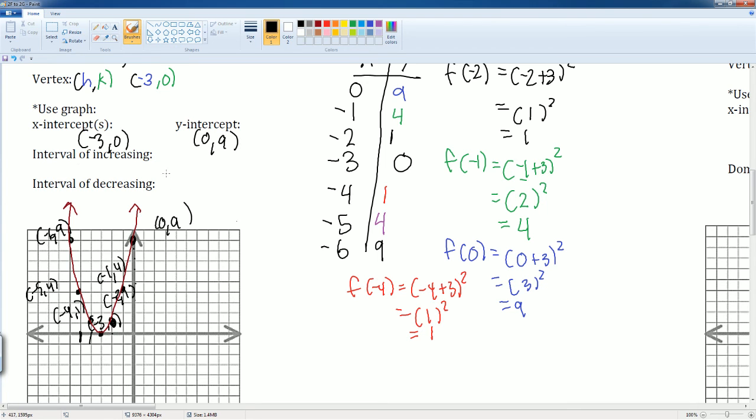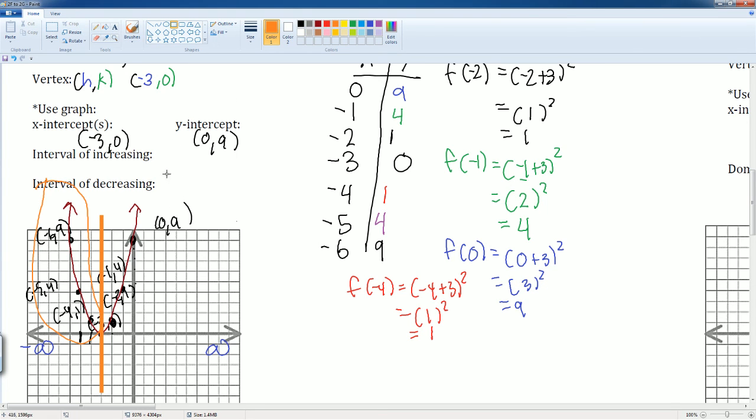For the intervals of increasing and decreasing, remember the domain is always negative infinity all the way to infinity. If you notice, this part is decreasing, up to this line of symmetry here.